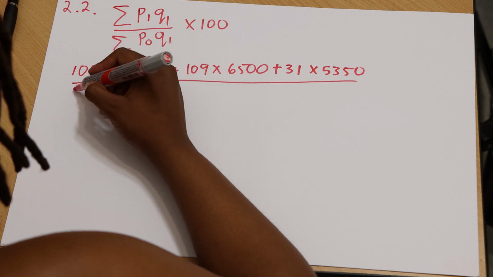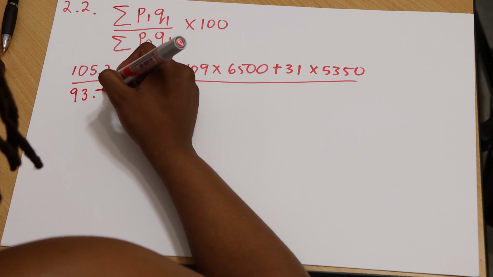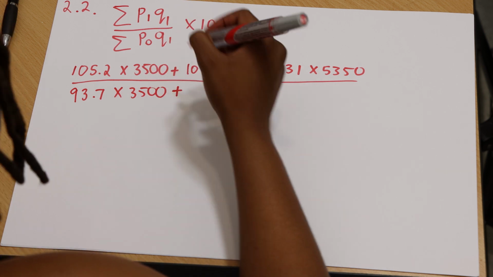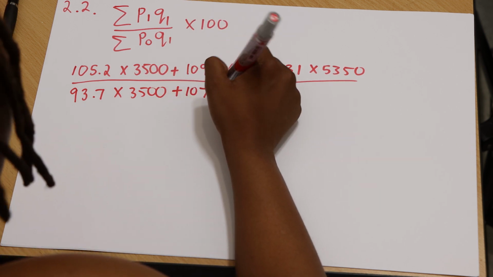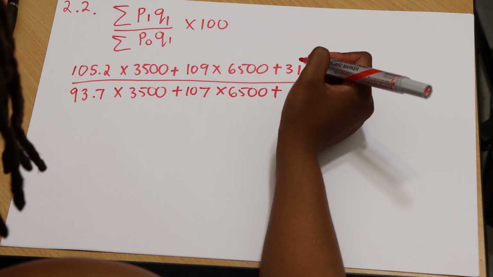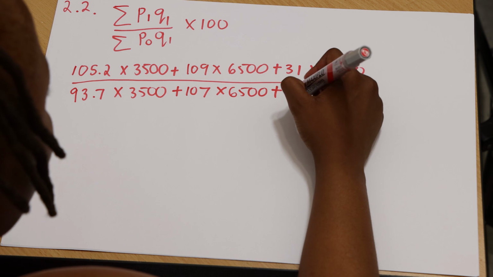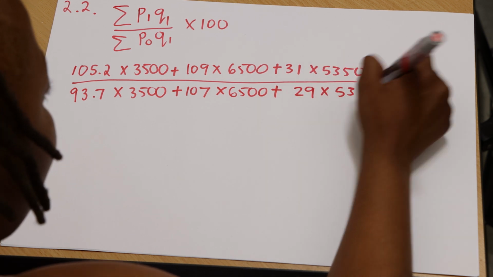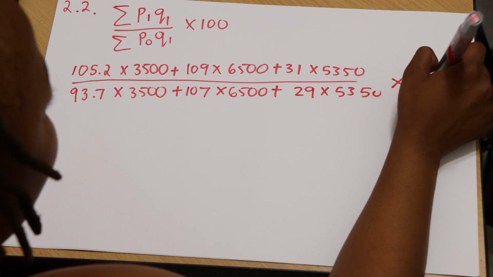So it's going to be 93.7 times 3,500 plus 107 times 6,500 plus 29 times 5,350 multiplied by 100.